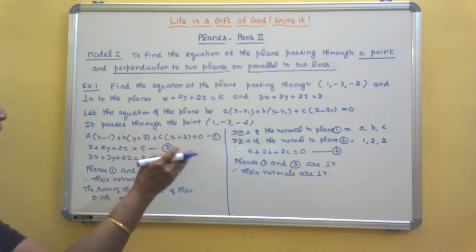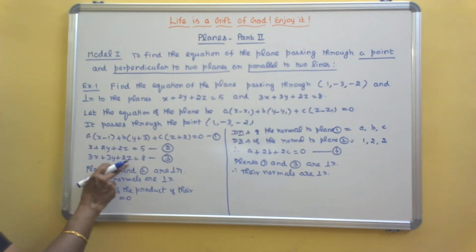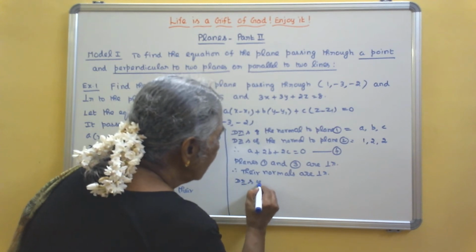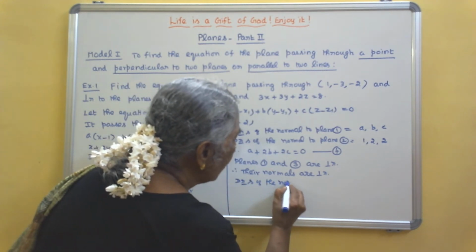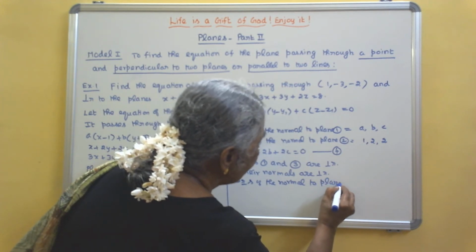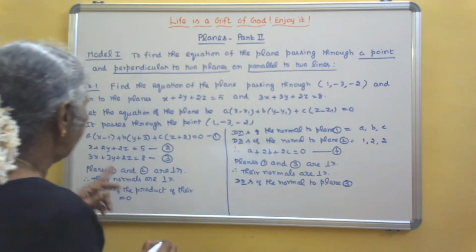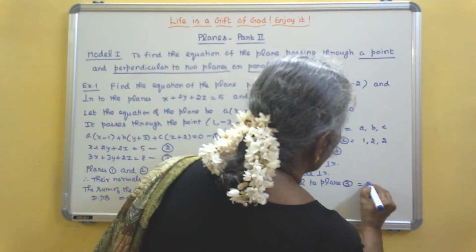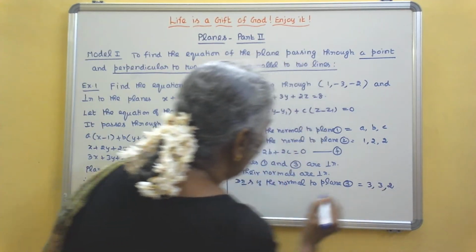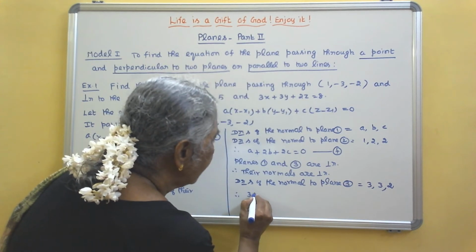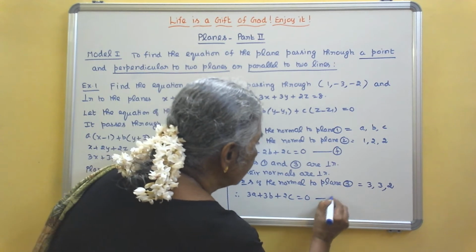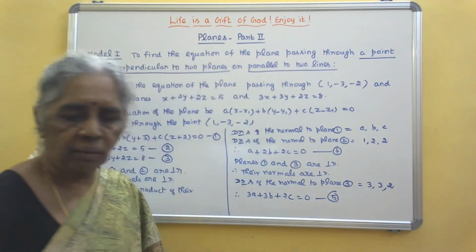What are DRs of the normal to plane 3? 3, 3, 2. So we will get 3a + 3b + 2c = 0. Mark it as equation 5.